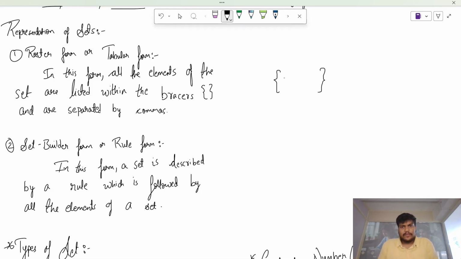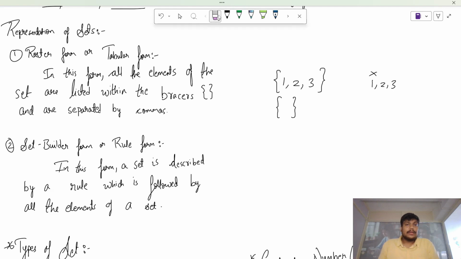That means if I am taking this set, then it has three elements, 1, 2, 3. I can also write it as 1, 2, 3, but this is not a set. Why? Because it is not inside the curly brackets. So whenever I am writing a set, I have to keep in mind that it has to be written inside the curly brackets, and then I can use commas to separate the elements.